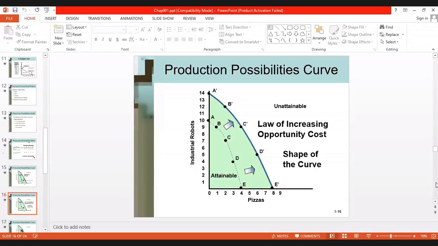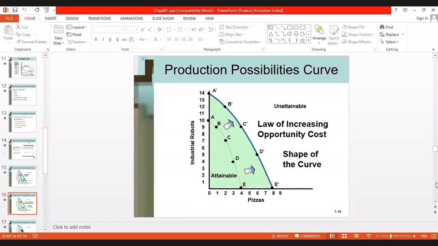Economic growth. Earlier, 60 or 70 years before, we were able to produce some combination. Now, from the same resources, we produce more capital goods: more machinery, tools, buildings.